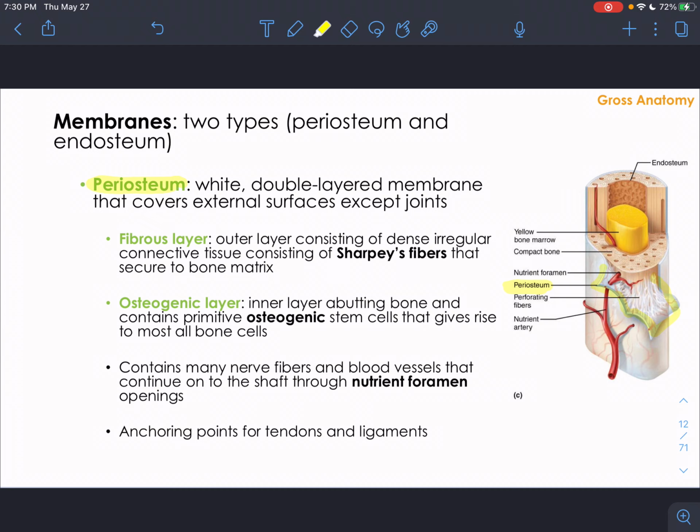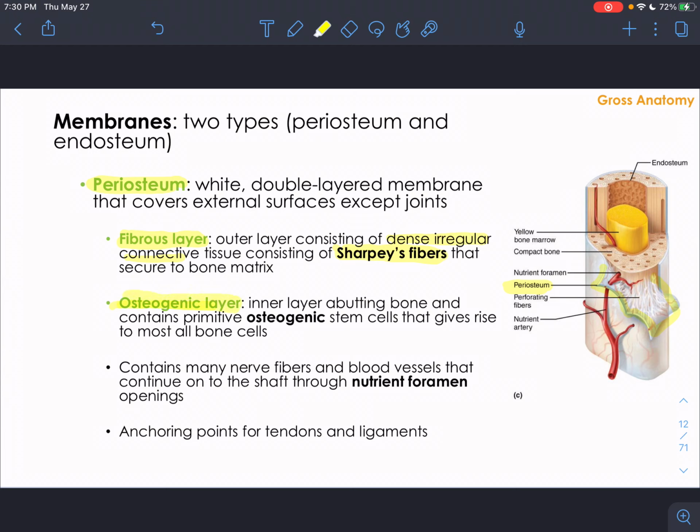We have the more superficial fibrous layer that is dense, irregular connective tissue consisting of Sharpey's fibers that secure the osteogenic layer to the bone matrix. So Sharpey's fibers are just connecting the membrane with the bone.